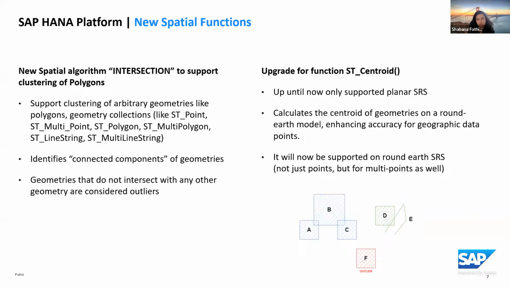But now with the SPS 08 release, we are also supporting round earth spatial reference systems with the st_centroid function, which means you can calculate centroids on a model that better reflects the actual shape of the earth itself. This upgrade is particularly helpful in applications that involve geographic analysis over large areas, or if you want to improve the accuracy of the centroid calculation on round earth scenarios.